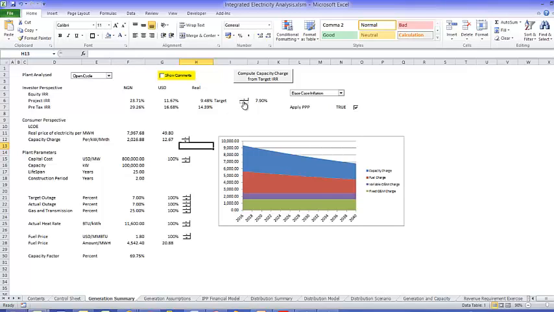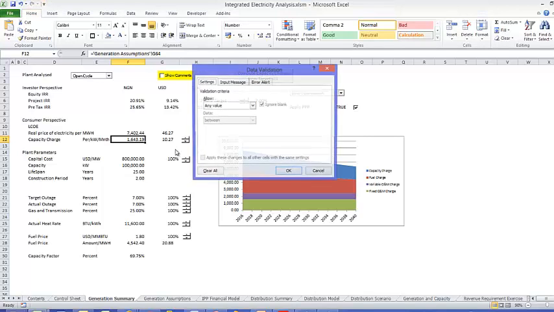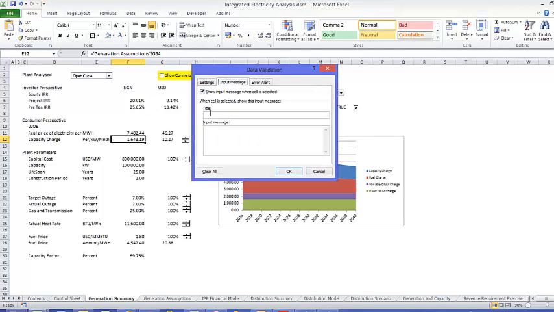IRR, and maybe I should leave it to be 7 because I think this was in the multi-year tariff option thing. So we get a capacity charge that's input. Let's put an input message, capacity charge.